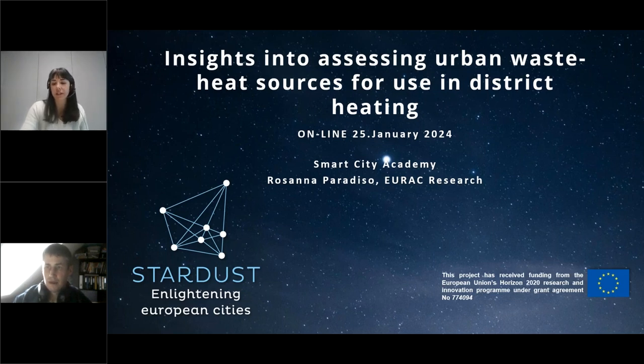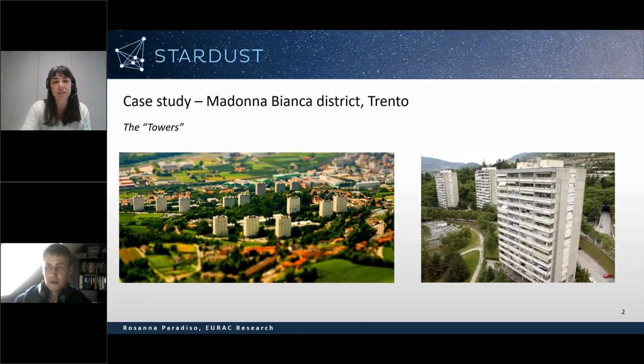Today we are going to focus on the Madonna Bianca district in Trento, which was one of the areas object of the study in Stardust.